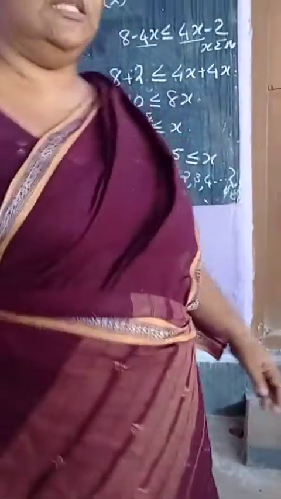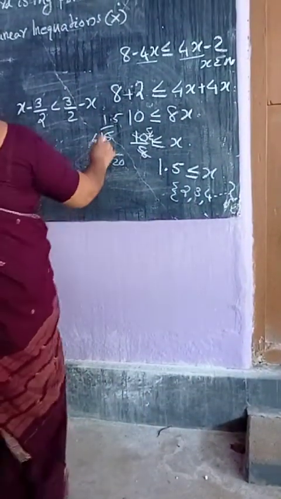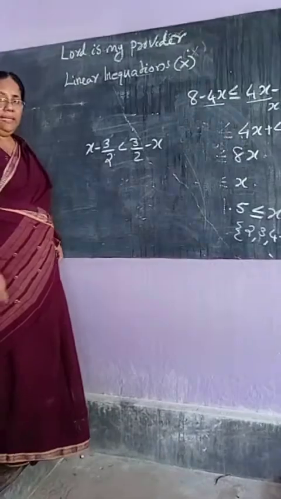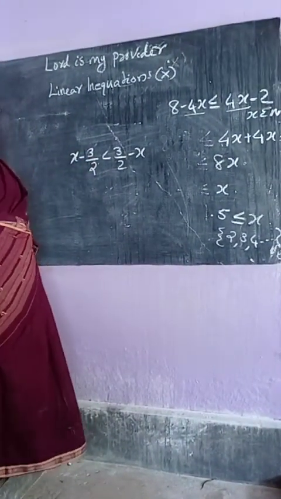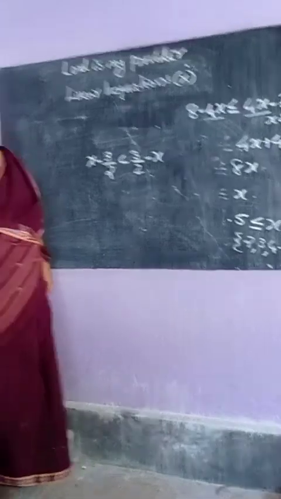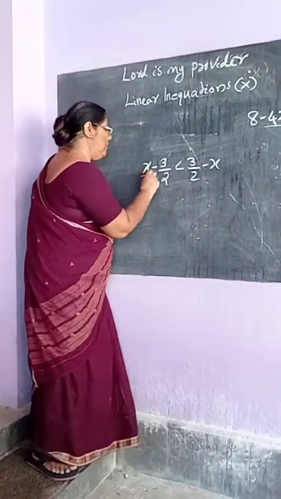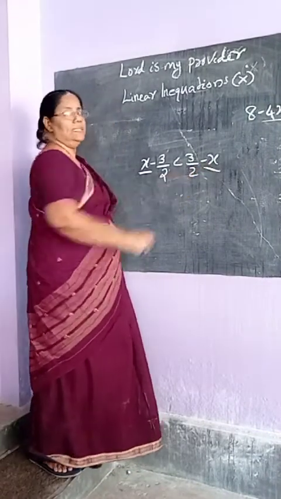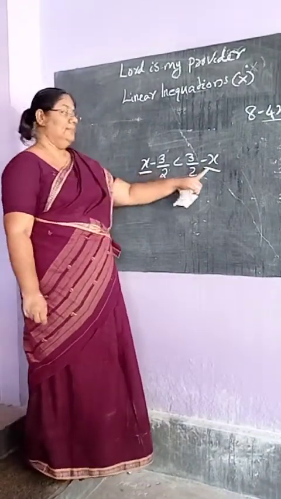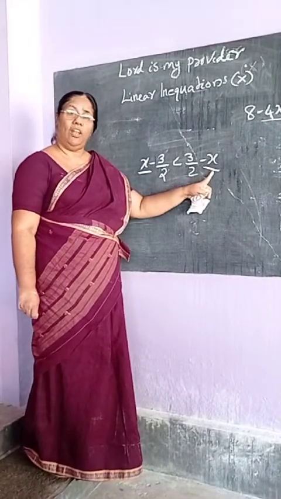x minus 3 by 2 less than 3 by 2 minus x. Here also the first side contains x and the second side also contains x. One side x, the other side minus x, which is smaller one?